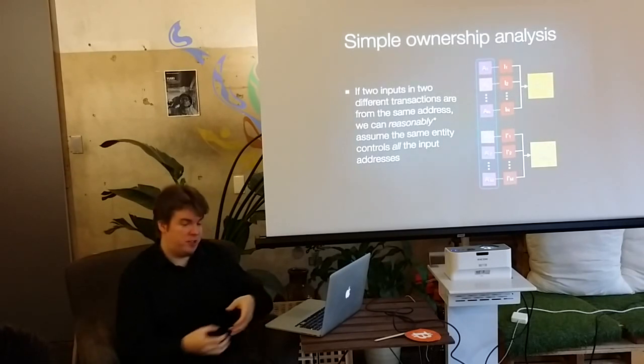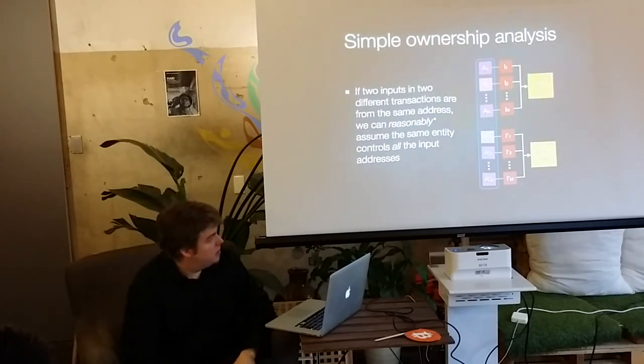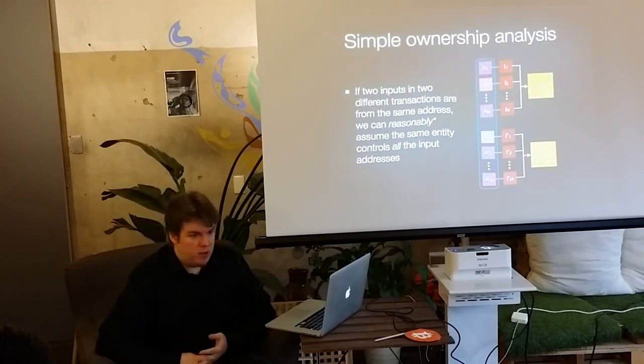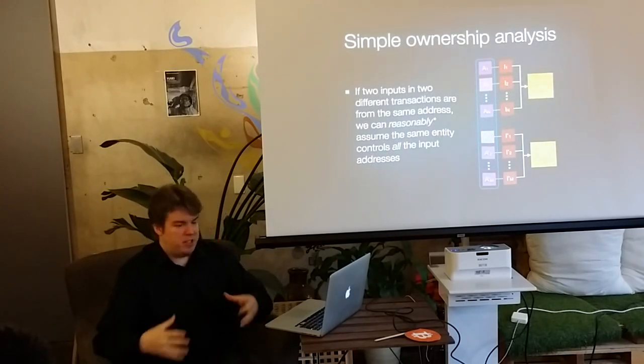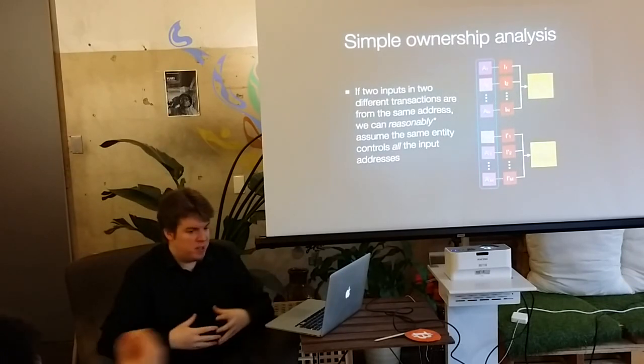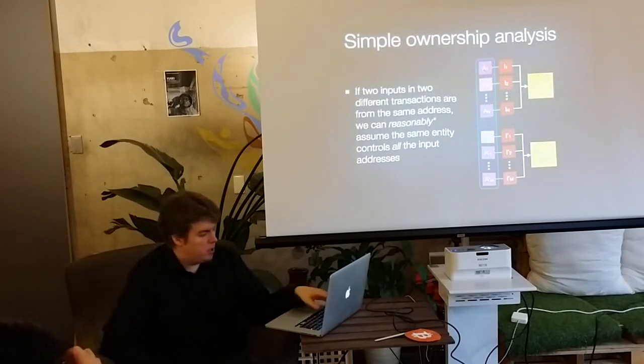So you've clustered the ownership information. And if you just run through the blockchain and you do this on all transactions ever issued, you will start getting massive groups of wallets that you sort of have this connection that they're probably owned by the same person.